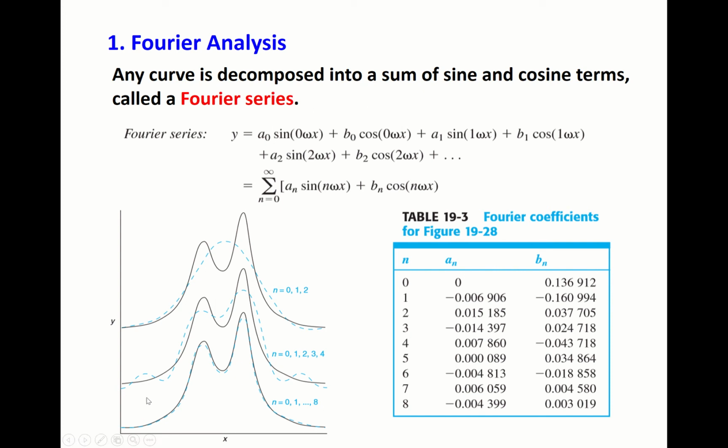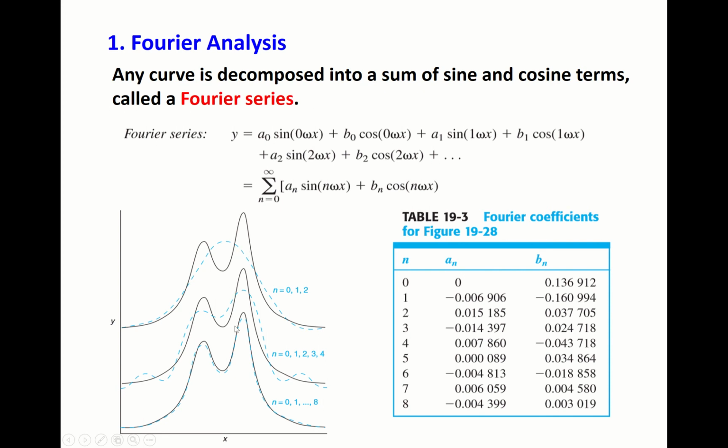The solid line is your actual spectrum, and you want to decompose this data into sine and cosine functions with different frequencies. It is possible. Fourier already proved this principle.